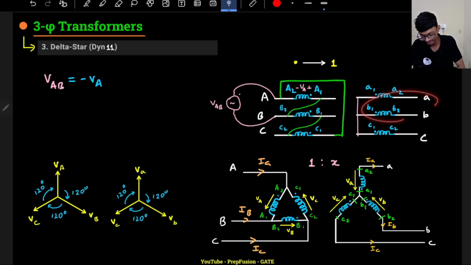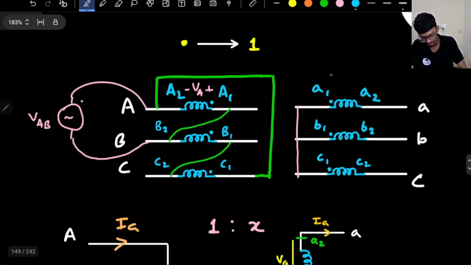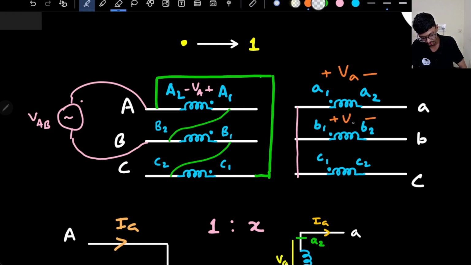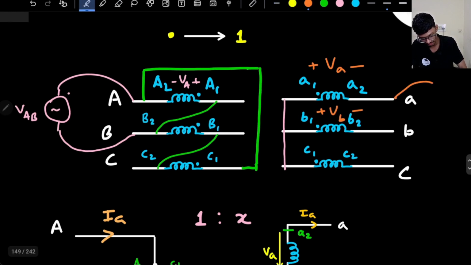What about the right hand side? Right hand side, this will be plus minus VA, and this will be plus minus VB, and this is again my instantaneous polarity. VA will be higher potential, VB will be lower potential. So this will be my small VAB.